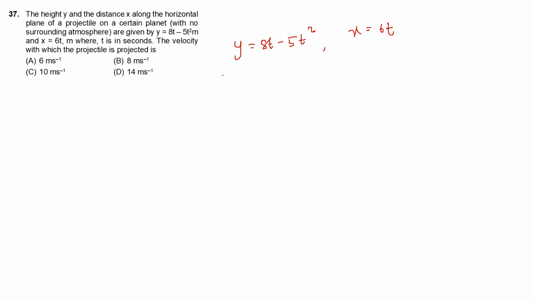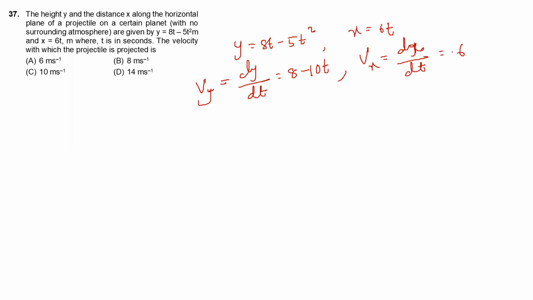If y is the displacement, then we can find vy, the velocity in y, that is dy by dt, which is 8 minus 10t, correct? Like that, we can also find the velocity in x: dx by dt is equal to 6, correct? Vx is equal to 6, and vy is equal to 8 minus 10t.